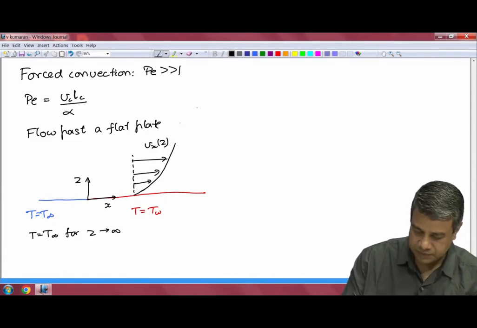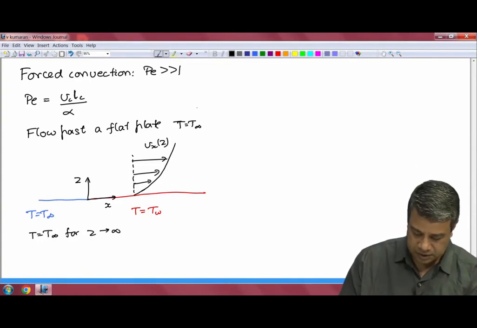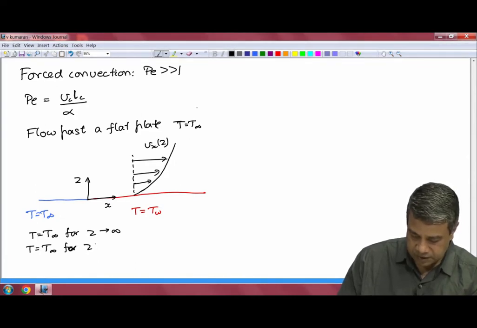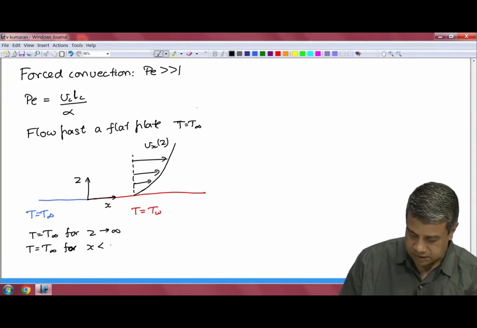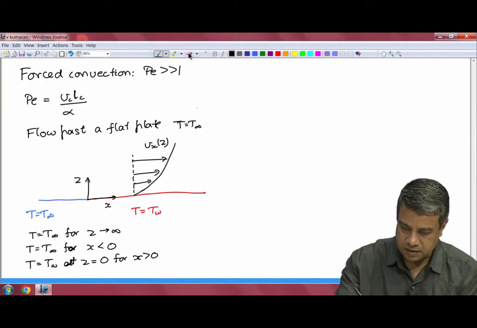T is equal to T infinity for x less than 0, and T is equal to the wall temperature at z equal to 0 for x greater than 0. So, these are the three boundary conditions.